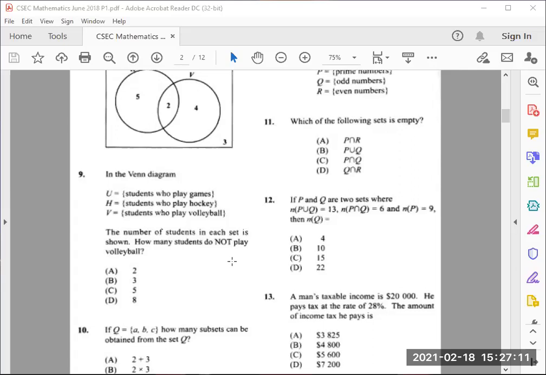Ariana says D, which is 8. Sanola says D, which is 8. So you add up the figures that are outside of set V, and that's the 5 and the 3, and you get 8.